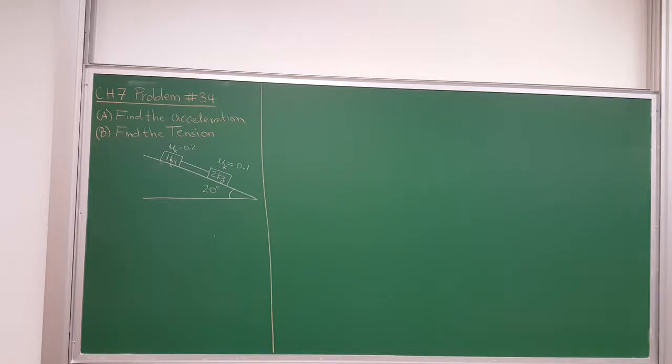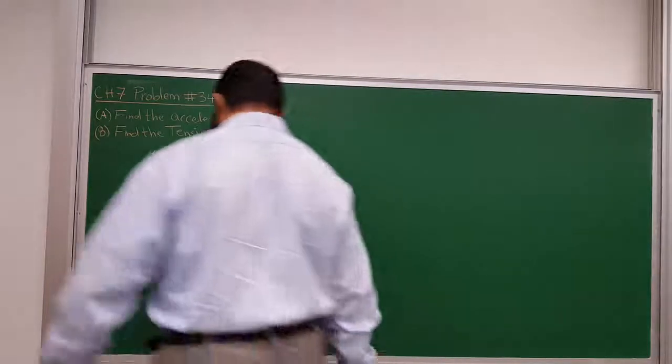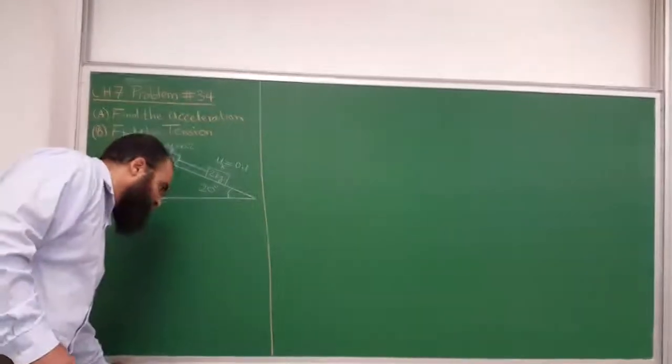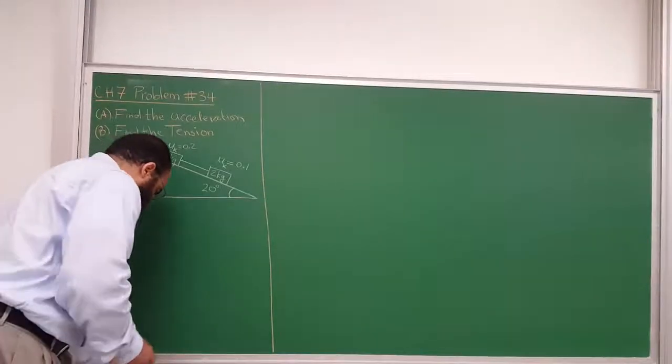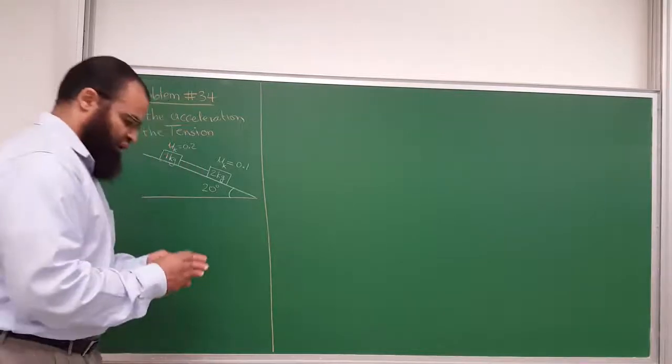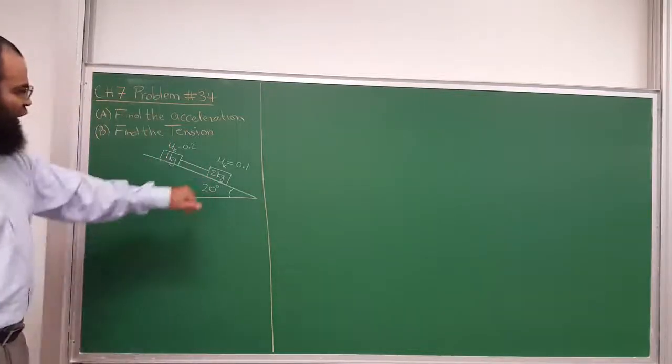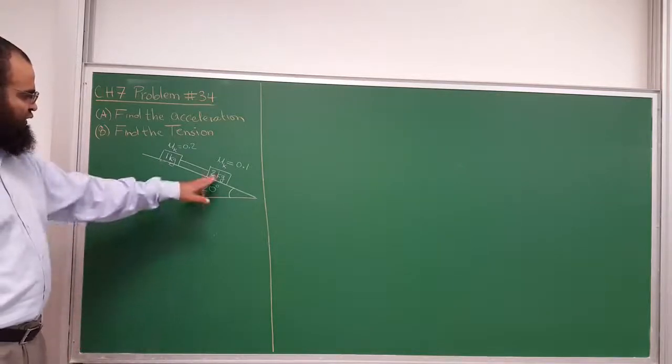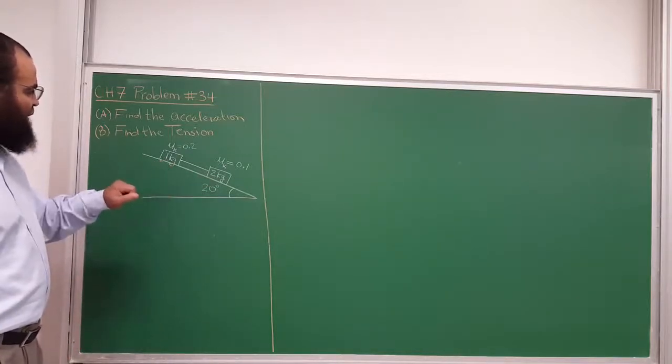Let us look at the first problem. You have two objects that are connected. Let me go to the board. This is a 2 kilogram mass and this is a 1 kilogram mass.